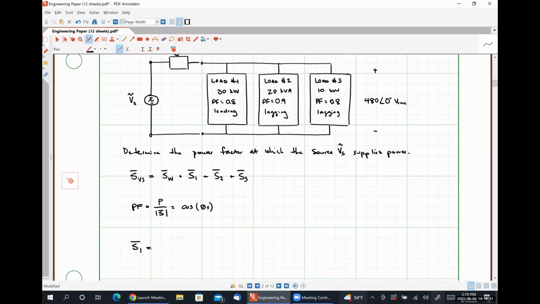So the first thing that we need to figure out is the 30 kilowatts of power that's absorbed by this load. Does that represent average power, reactive power, or apparent power? Do any of you guys have any thoughts on that?